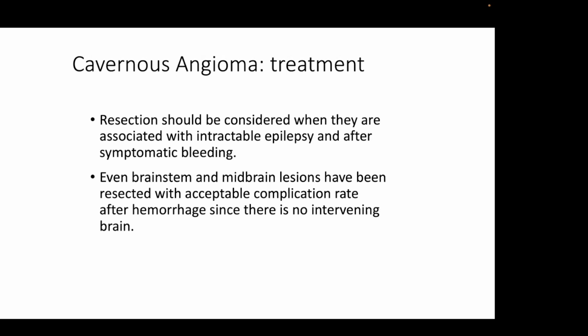But again, if the cavernoma is associated with hemorrhage, the surgeons may enter the cavernoma if they come to the surface of the brain through a selected pathway and resect the core of the cavernoma. Because the outcome of brainstem cavernomas is actually worse than that of the hemispheric cavernomas.